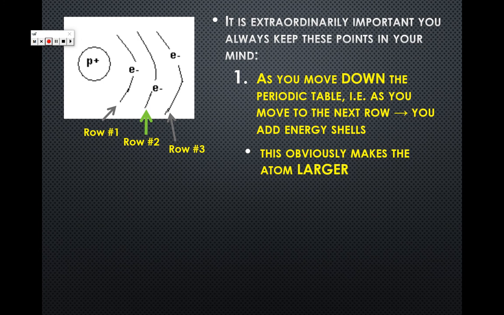The nucleus is positive and electrons like positiveness, but they can't feel it as well because the shields are getting in the way. These outer electrons are already far away because the atom is big, and now they're extra far away because they're also shielded. So they are not held as tightly to the nucleus.